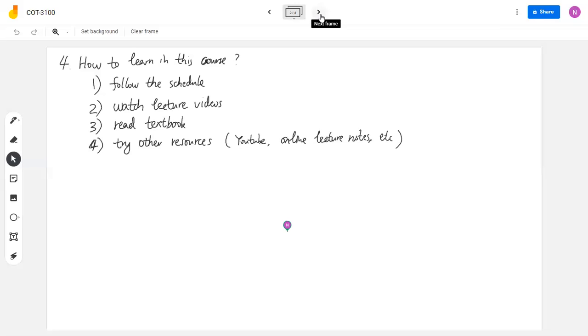And the last thing, but I think the most important, is to practice. I cannot overstate the importance of the last step. What I want to say is this course is a math course.